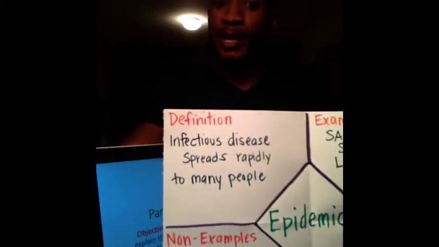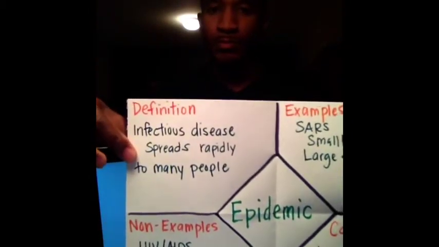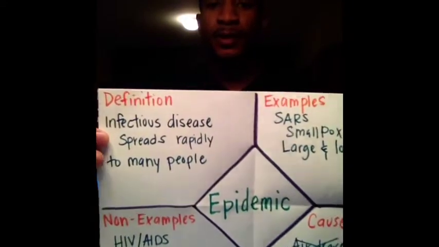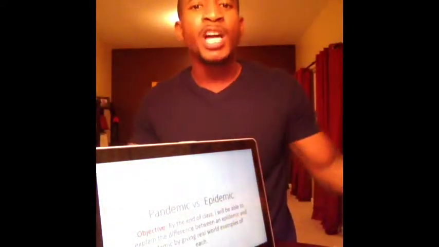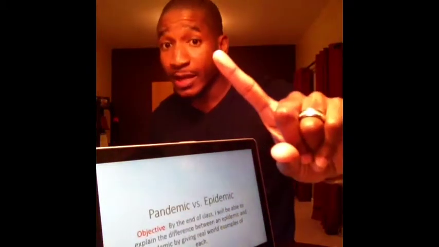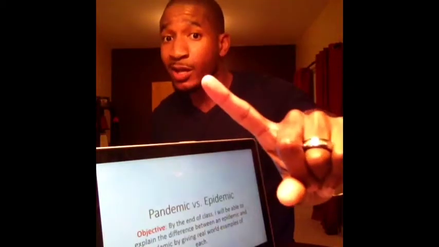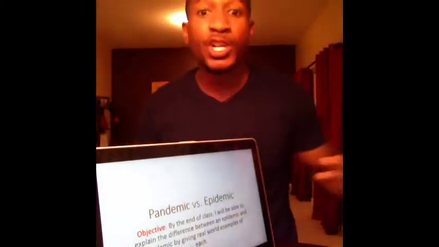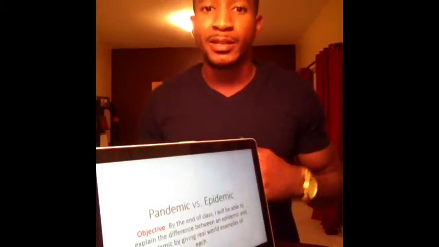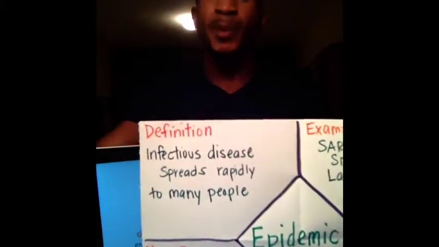An epidemic is an infectious disease that spreads rapidly to many people. So it went from 5 to about 100. Let's say 100 people in the hotel. 1 person had that disease or virus, and it spread from 1 to 5 to 100 within a couple of days. Again, rapidly to many people.